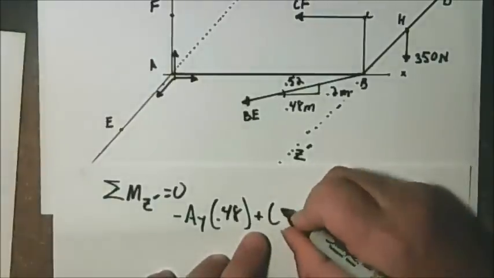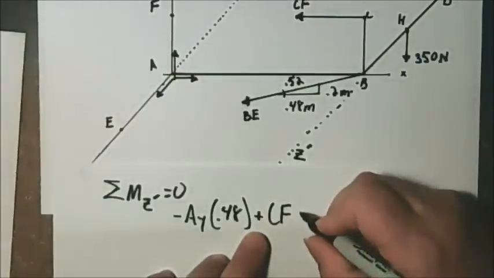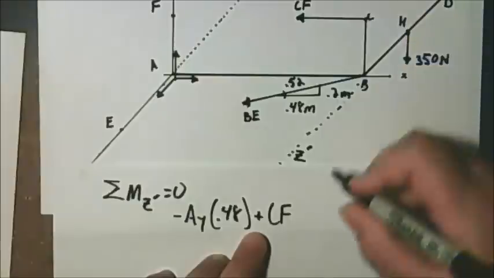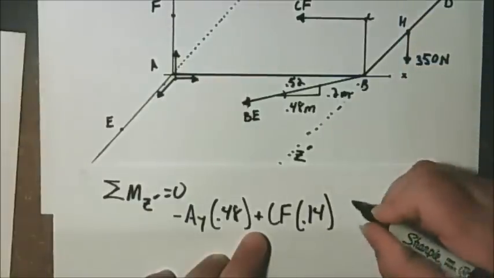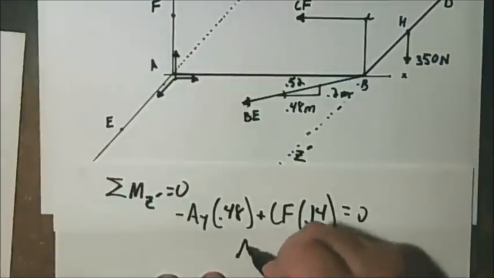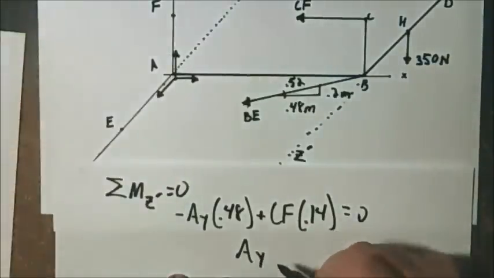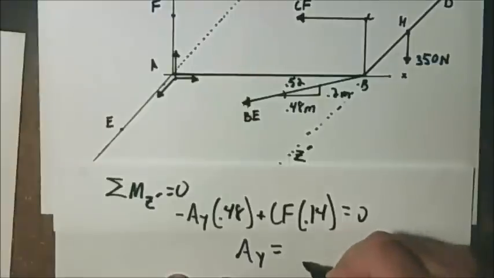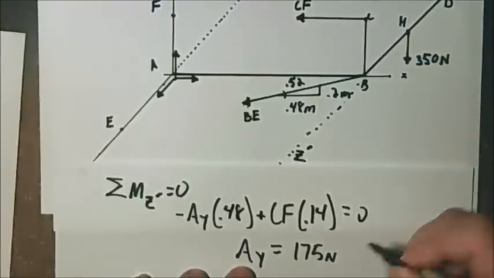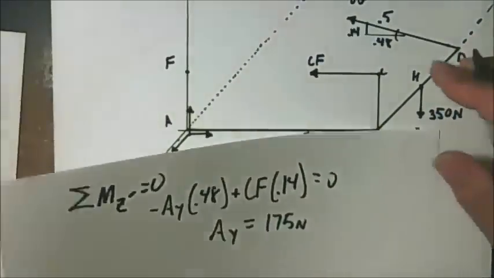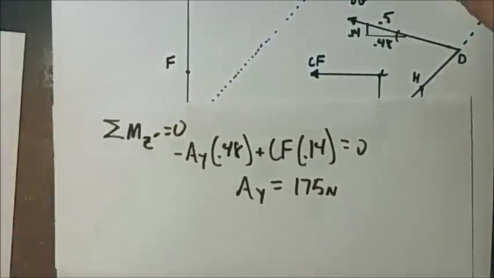So it's going to be plus CF times this perpendicular distance, which is 0.14 meters. From this you could determine that the Y component of that reaction force there is 175 newtons, although in this situation we don't really need to use that.